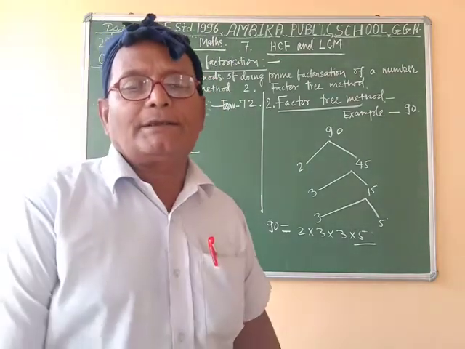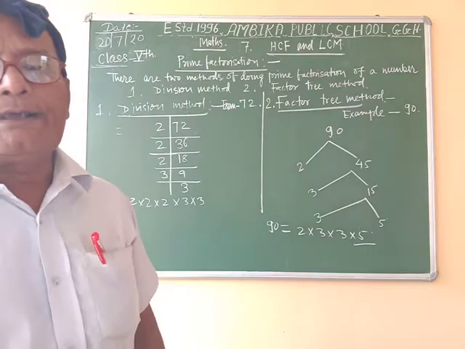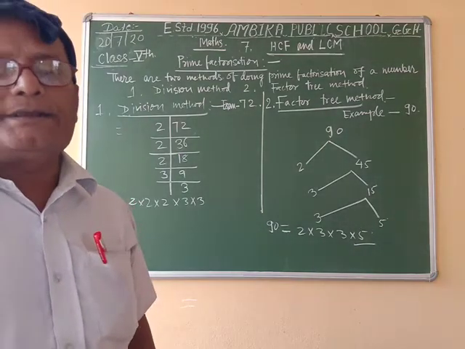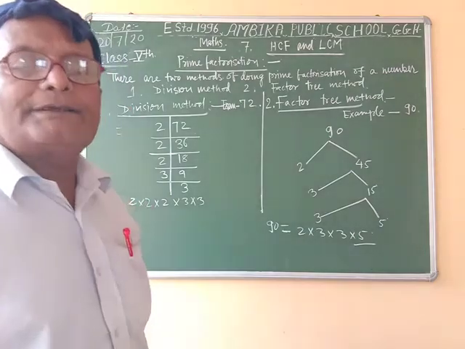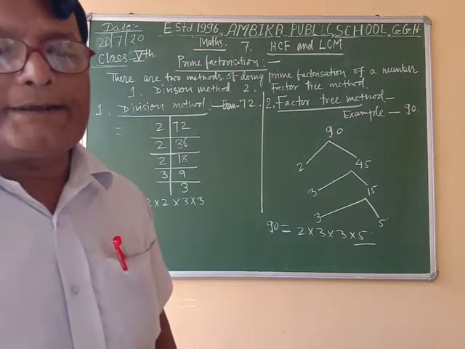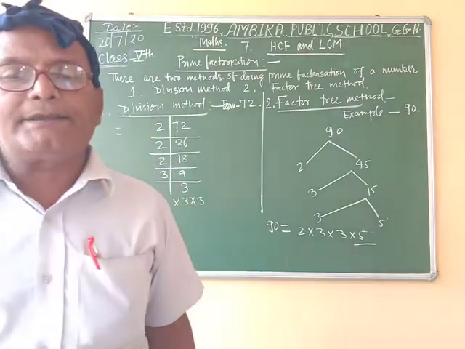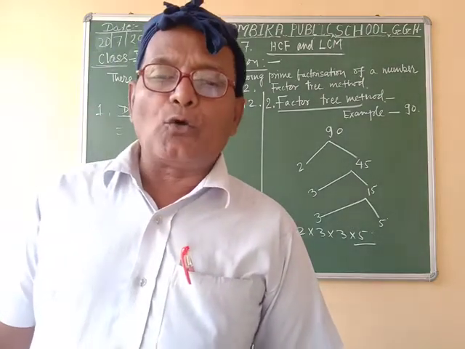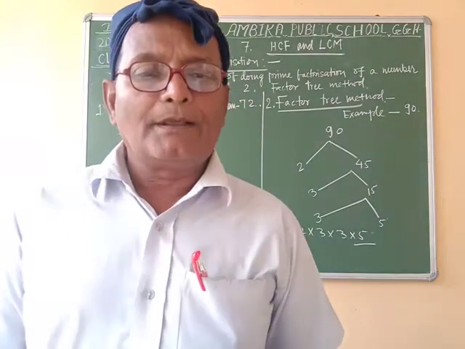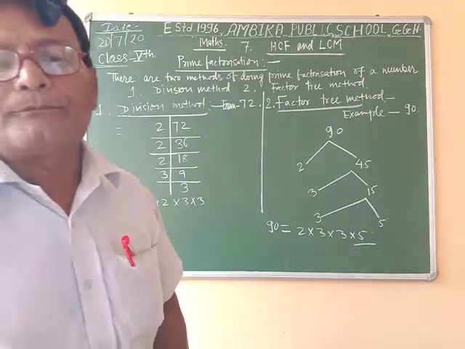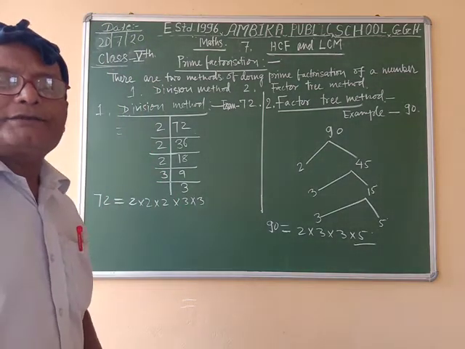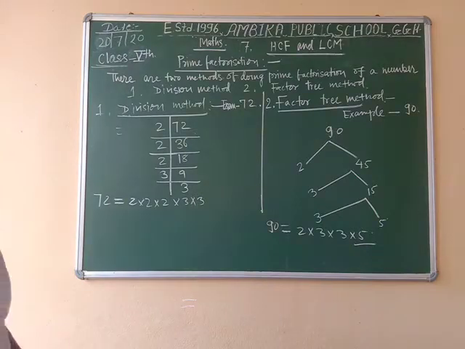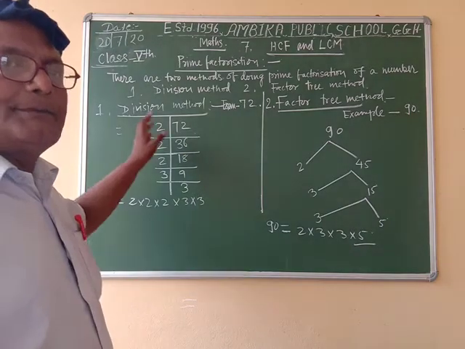Highest common factor is also called greatest common divisor, GCD. HCF means highest common factor and GCD means greatest common divisor. Now, I am going to describe finding the highest common factor.